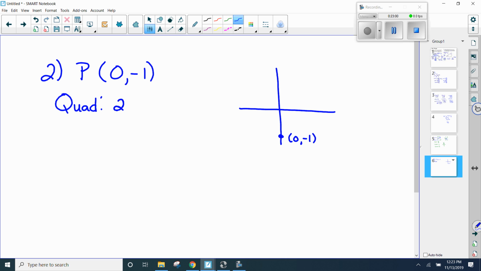What is the degree measure? 90. Oh, 270. It's 270 degrees, because remember, you start here at 0, 90, 180, 270, 360. What else could that possibly be? -90 degrees. Yeah. But I think we want to go with the positive angle measures.